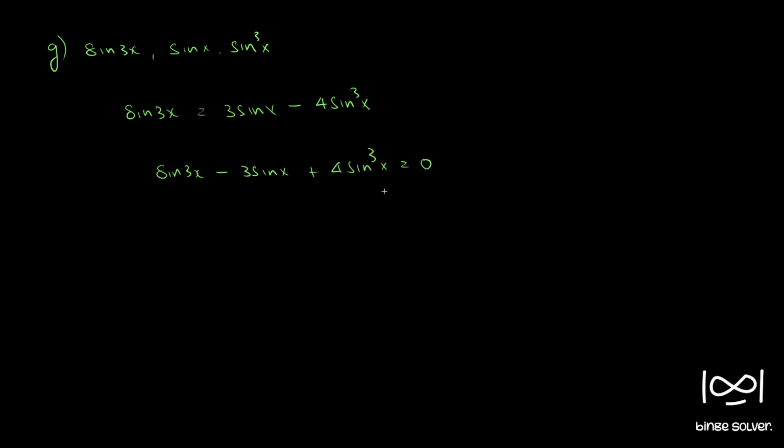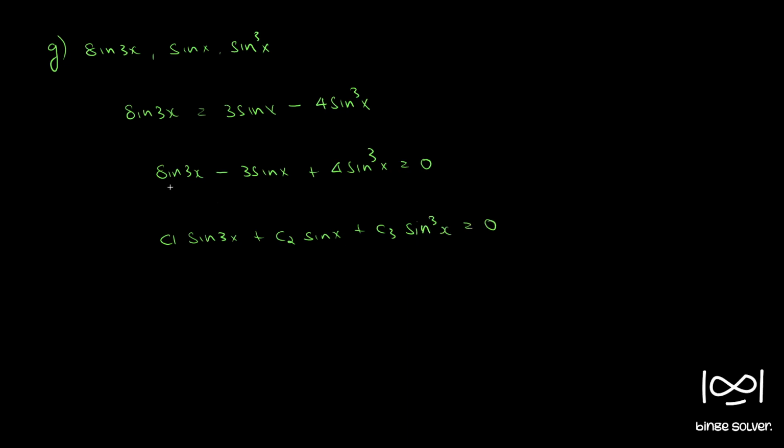So this is in the form c1 sin 3x plus c2 sin x plus c3 sin cube x equal to 0.